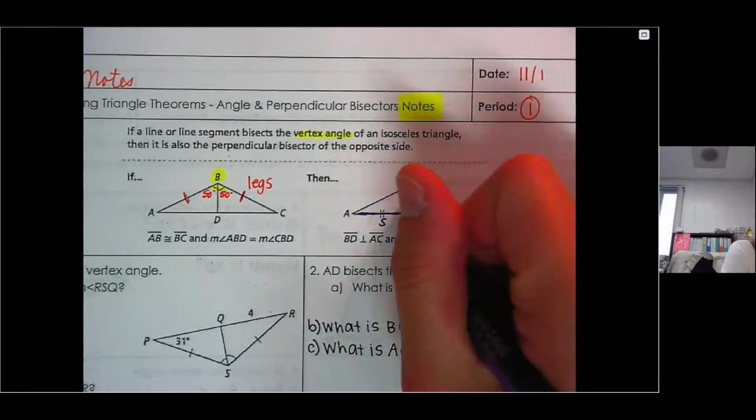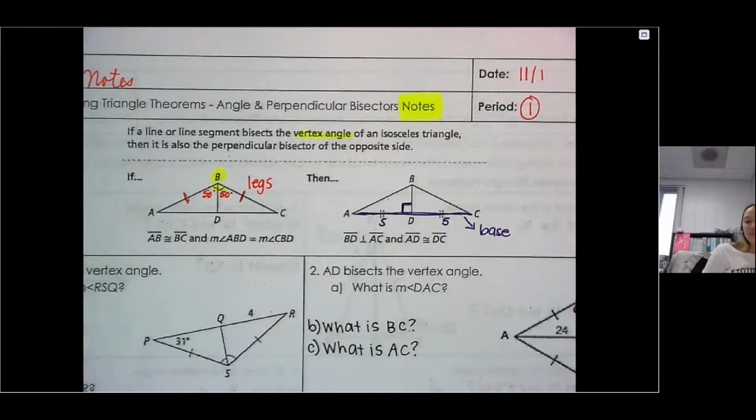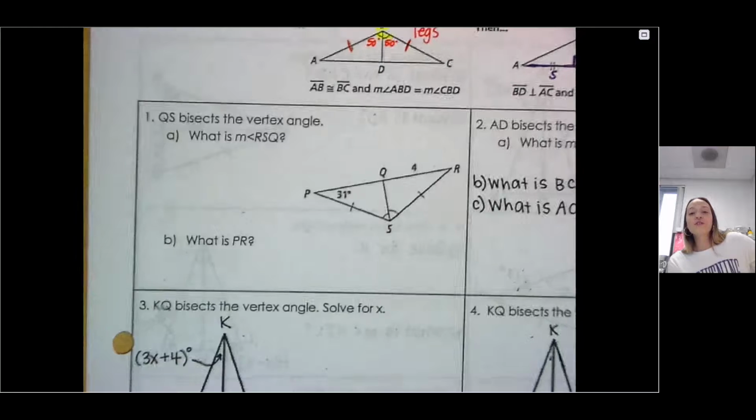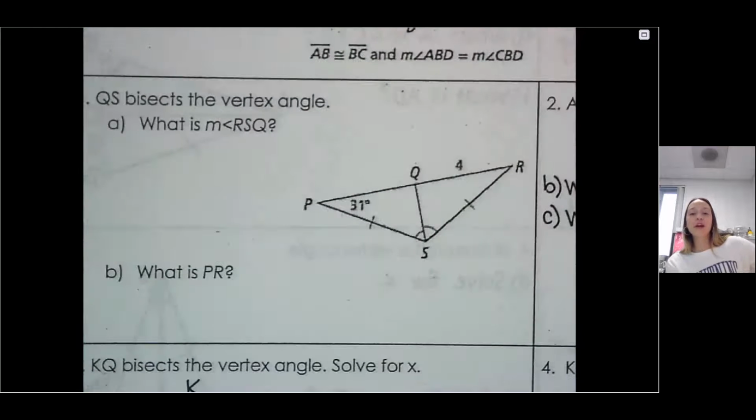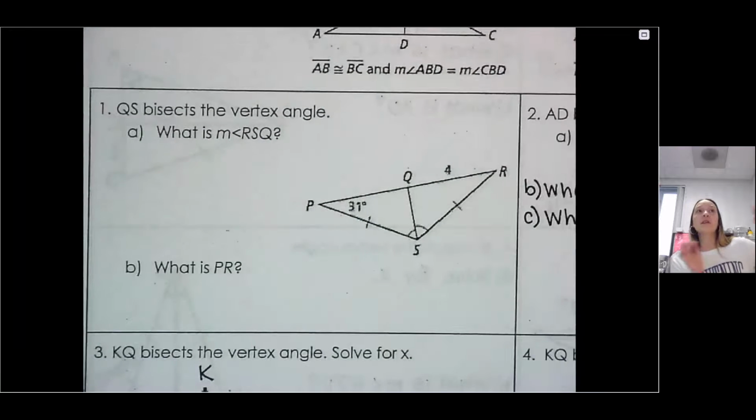So that's important. So now we're going to use that information and we're going to solve for our problem over here. So let's take a look at number 1. First and foremost, this is an isosceles triangle. Which two sides are the legs? Those are just points. I want to know the legs. Which two sides?